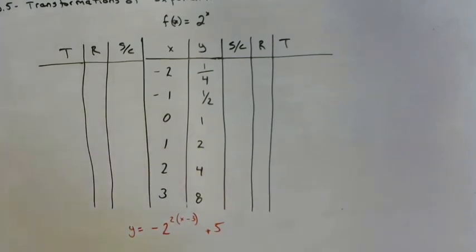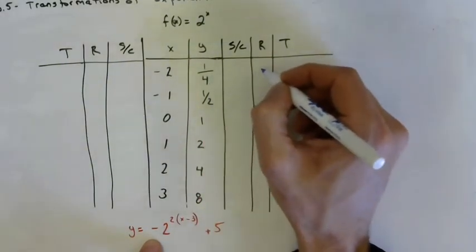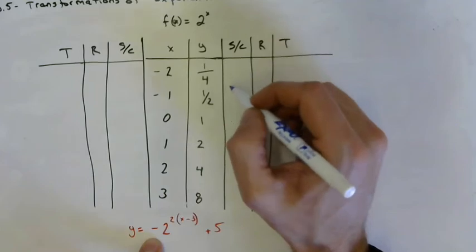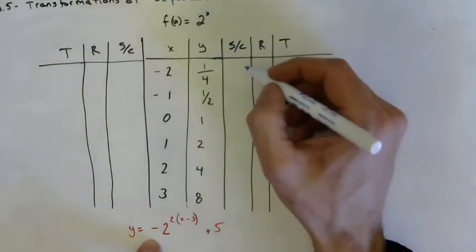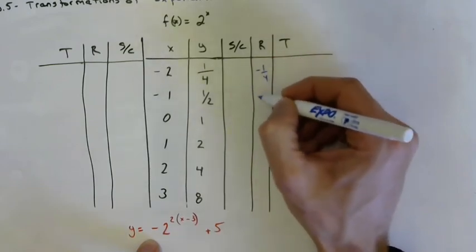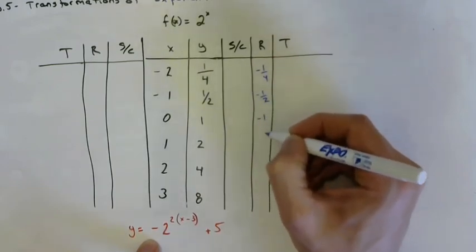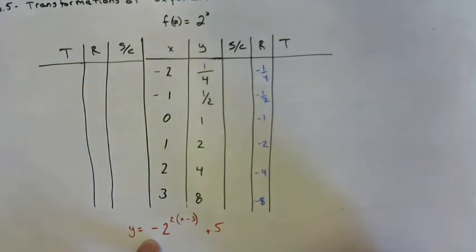We've already described all those, so I'm just going to work through it fairly quickly. Looking at our vertical, I have a reflection over the x-axis, so all of my y-coordinates just become negative. That would be here, reflection. And there is no stretch because the absolute value is 1, negative 1. So I can skip the stretch compression in the vertical and go straight to negative 1/4, negative 1/2, negative 1, negative 2, negative 4, negative 8.